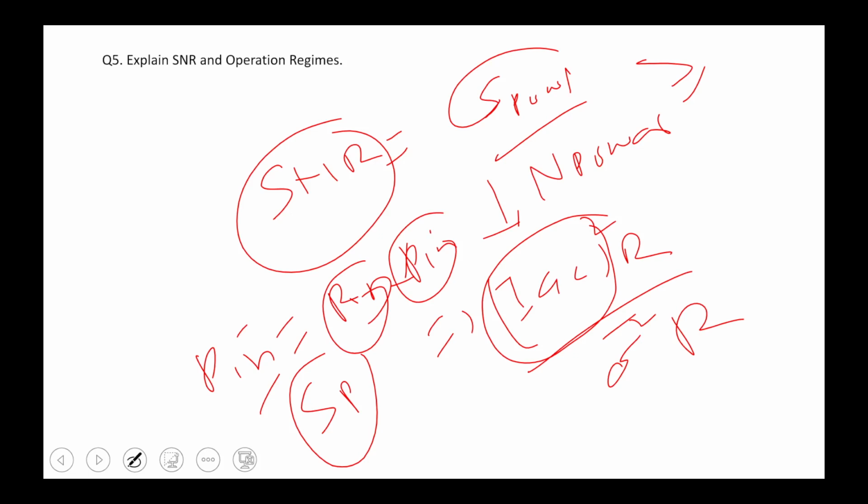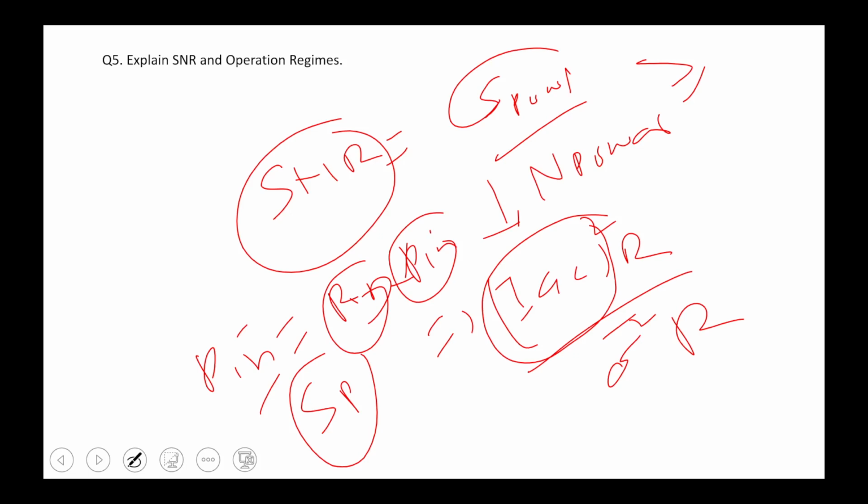So how can we reduce the thermal noise? Any method? Anyone can suggest one or two methods? By increasing the load resistance. Okay.